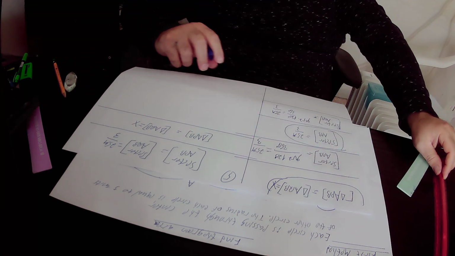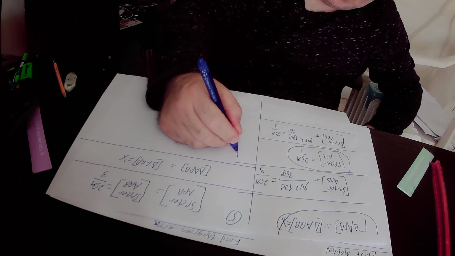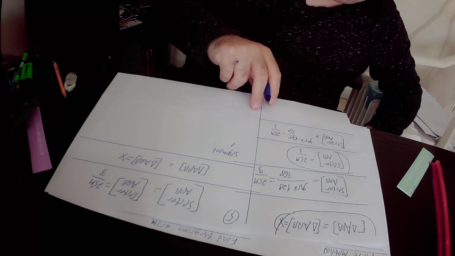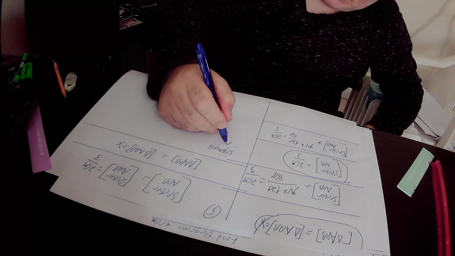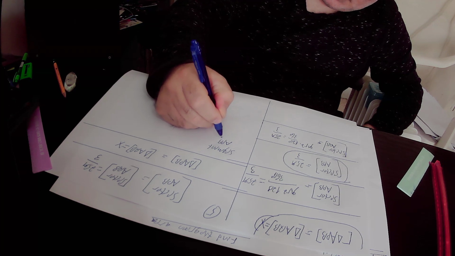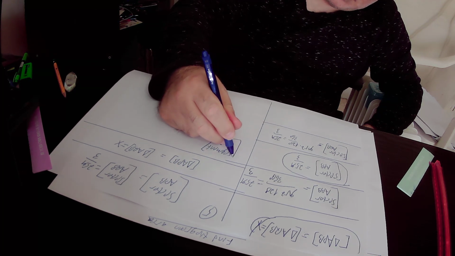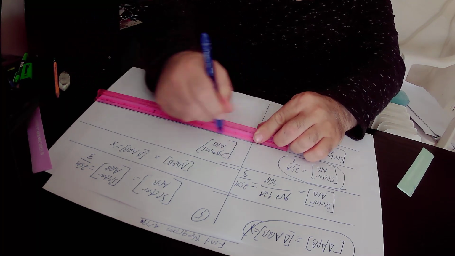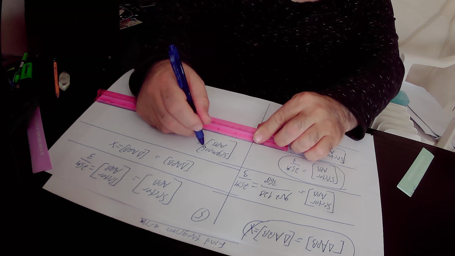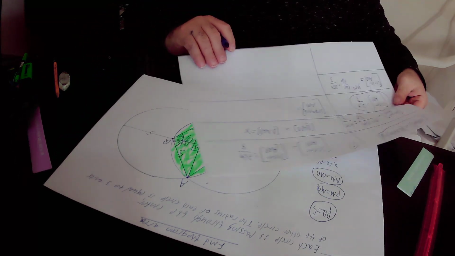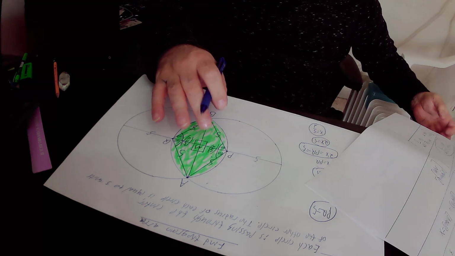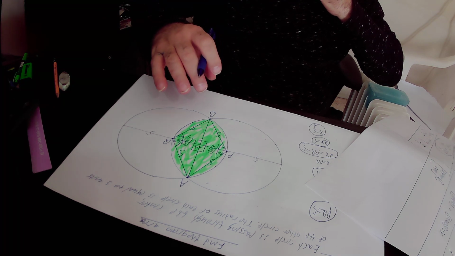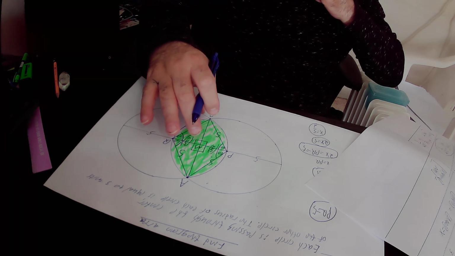What is the area of segment APB? The area of segment APB will be equal to the area of sector AQB minus the area of triangle AQB.